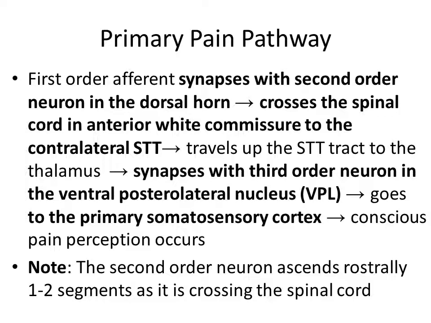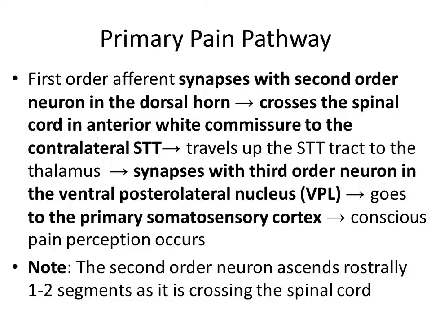The second order neuron crosses the spinal cord in front of the gray matter in what's called the anterior white commissure. Commissure means a crossing. White tells us we're in the white matter, not the gray matter anymore. And anterior is telling us in the front rather than in the back.